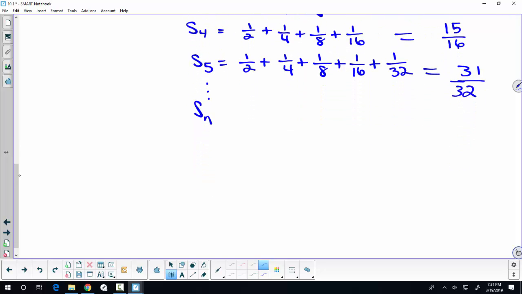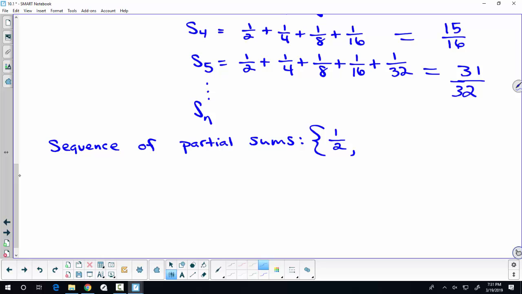So let's write out the actual sequence of partial sums: 1/2, 3/4, 7/8, 15/16, 31/32.